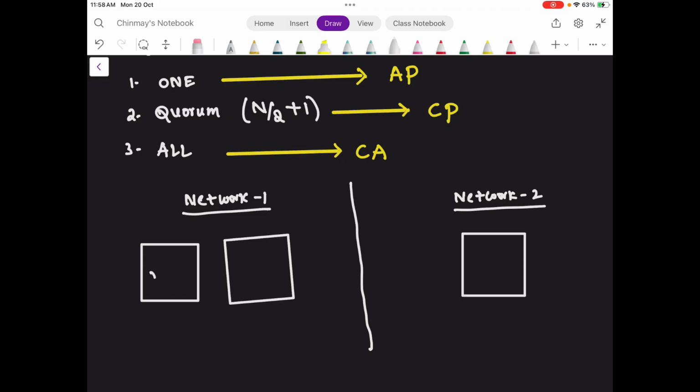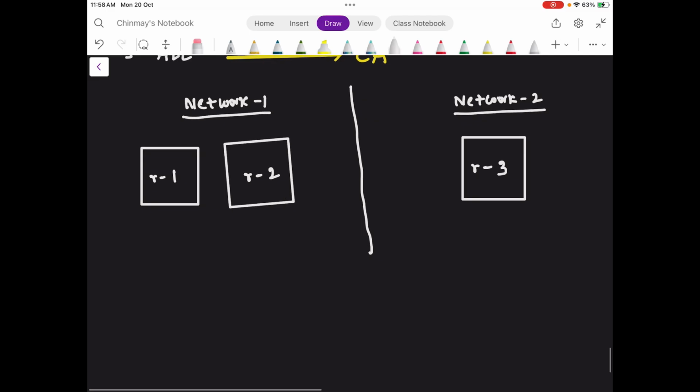That means this is replica 1, this is replica 2, this is replica 3. We placed them. Let's configure the quorum as 1.